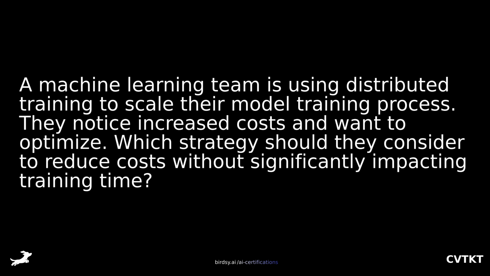A machine learning team is using distributed training to scale their model training process. They notice increased costs and want to optimize. Which strategy should they consider to reduce costs without significantly impacting training time?